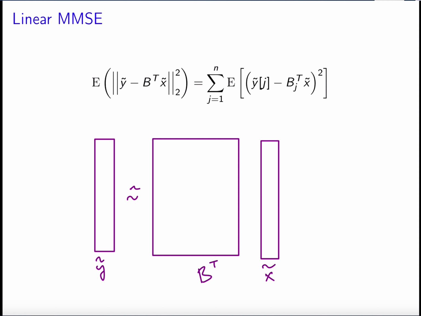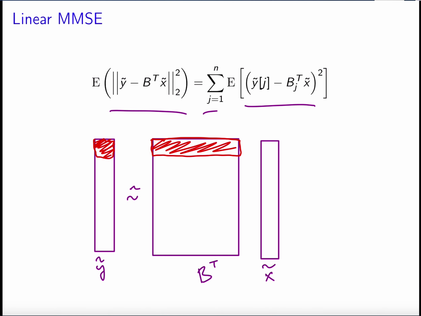If we care about mean squared error, which is the expected value of the L2 norm of the difference between y and the linear estimate, then that just decouples, by linearity of expectation, into the sum of the expected value of the squared error that we make for each entry. And the linear estimate for each entry, interestingly, only depends on the corresponding row of the matrix.